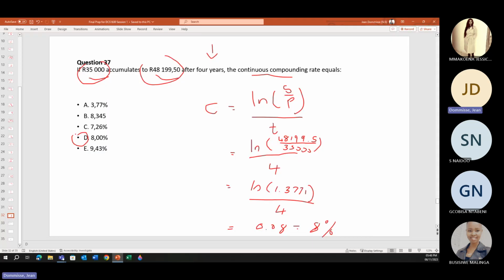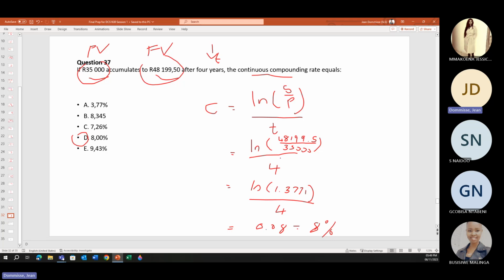Okay, so again, nearly a repeat of one of the questions we did yesterday, to work out the continuous compounding rate when they give you a present value, a future value, and a time. This one, they gave us the time in years.